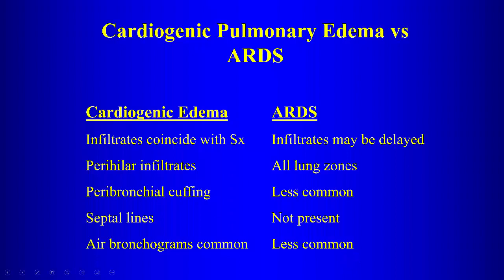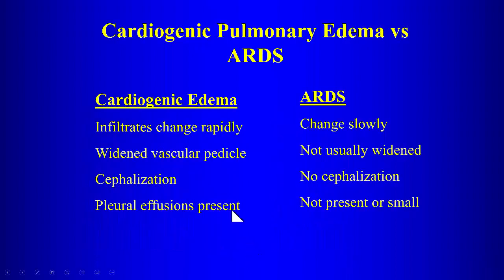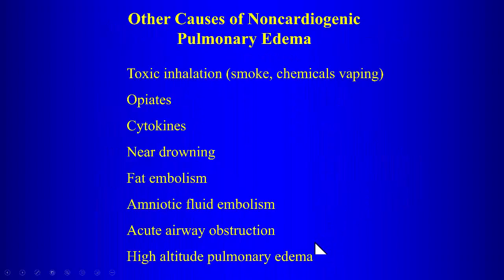It's said that with ARDS the fluid also extends into the airways, so we don't get air bronchograms as commonly as we do with cardiogenic edema. Infiltrates can change rapidly here; there they change slowly. Wide vascular pedicle and signs of increased intravascular volume are not present with ARDS. And pleural effusions are very typical of cardiogenic edema, not so much ARDS.